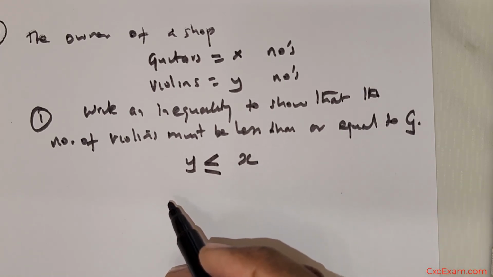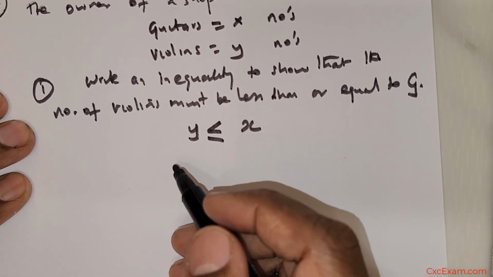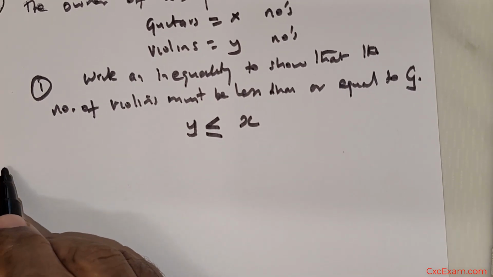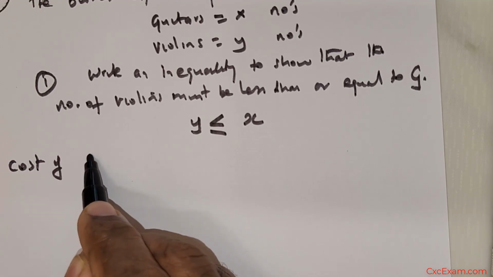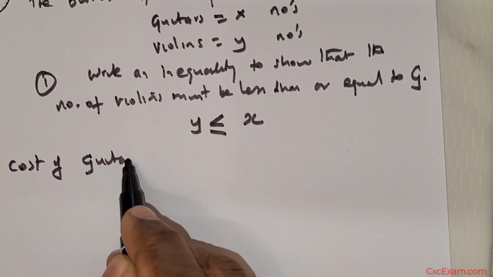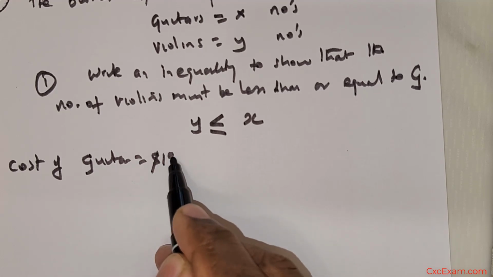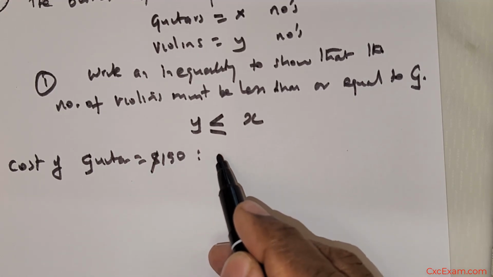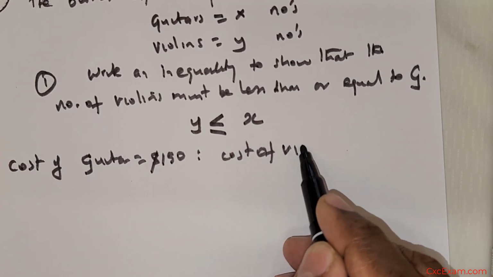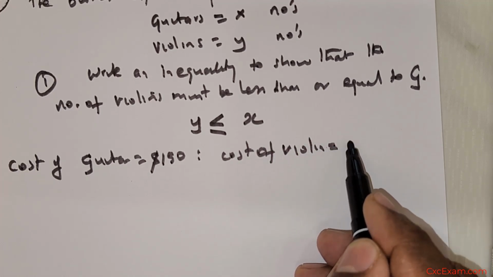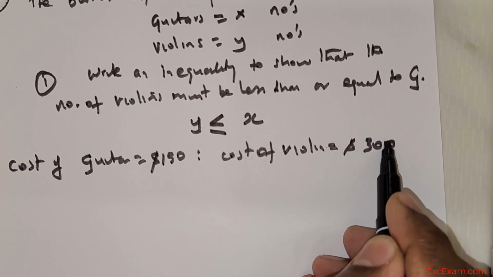Now let me move on to the next part. Now for the second part, it says that the cost of a guitar is $150 and the cost of a violin is $300.